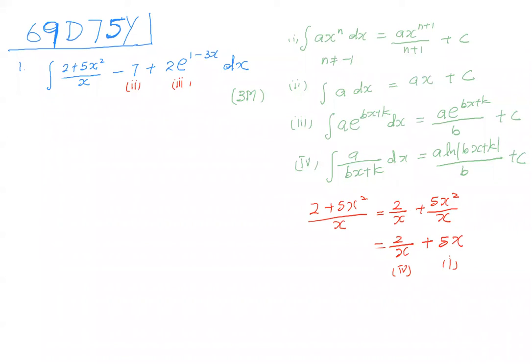By the way, this is 7, this is 5x. This one I haven't integrated yet. So if I write, I will write it as integrate 2 over x plus 5x minus 7. Okay, that is the error there.